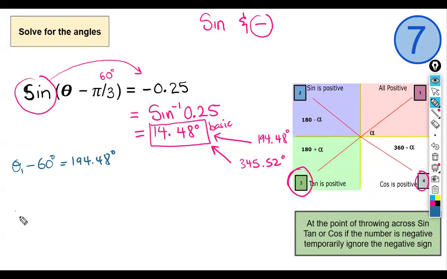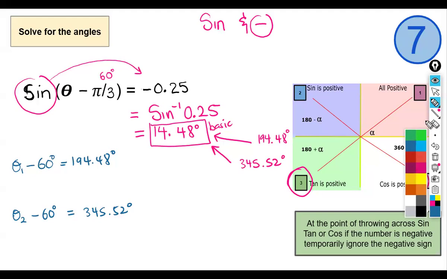And at the same time, theta 2 minus 60 degrees is also equal to 345.52 degrees. This is equal to two things at the same time. It's like a simultaneous existence. They exist simultaneously at the same time.